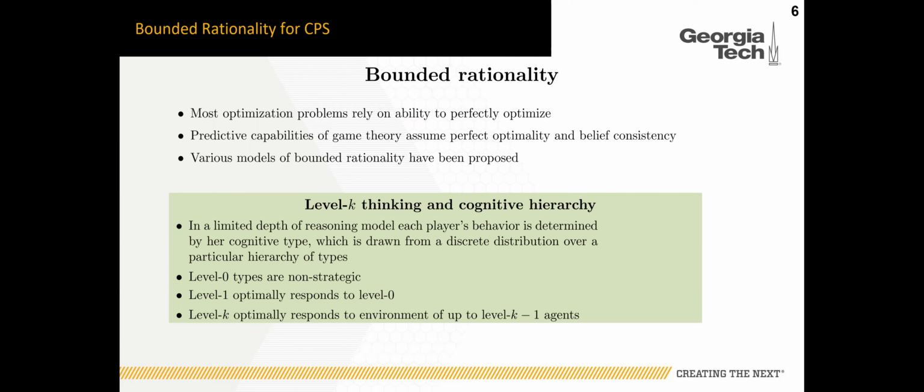Yes. Again, I'm the player, and I assume that I will interact with different players. Let's say I'm level 1. I will best respond to a level 0. Then if I go to level 2, I will optimally respond to a level 1, and so on and so forth. But in order for us to converge to a Nash equilibrium, this best responding of one level by assuming everybody's below doesn't suffice to prove convergence to a Nash.